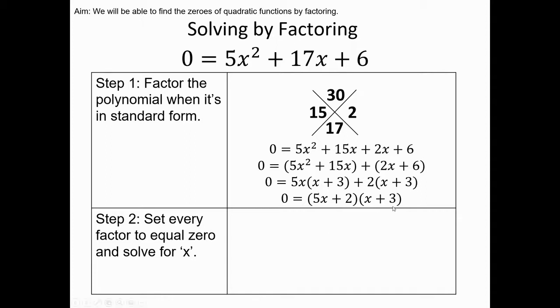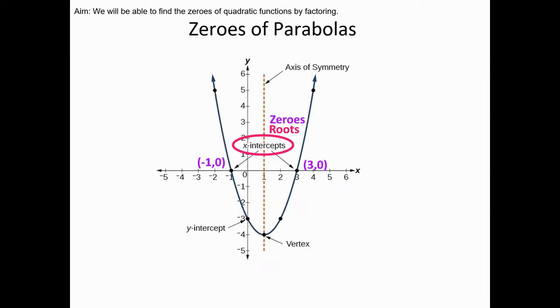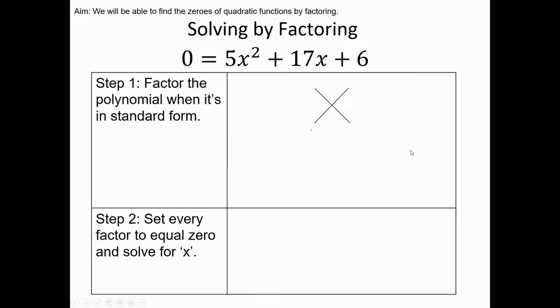So if either of these things in parentheses is equal to 0, we have our answer. And yes, that means both of these have a chance to turn to 0. So there's actually going to be more than one solution. Which makes sense because if we scroll all the way back, we notice that it hits the graph twice. So there's typically going to be two answers.